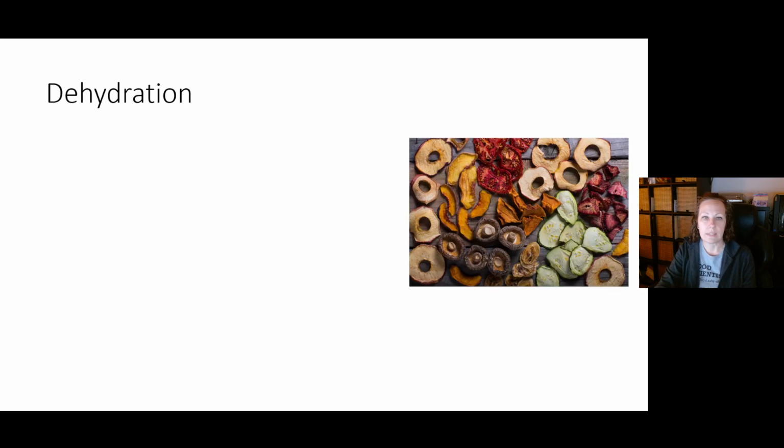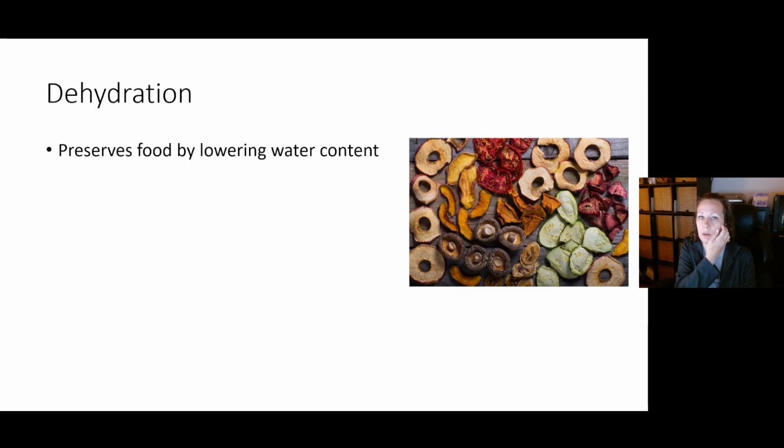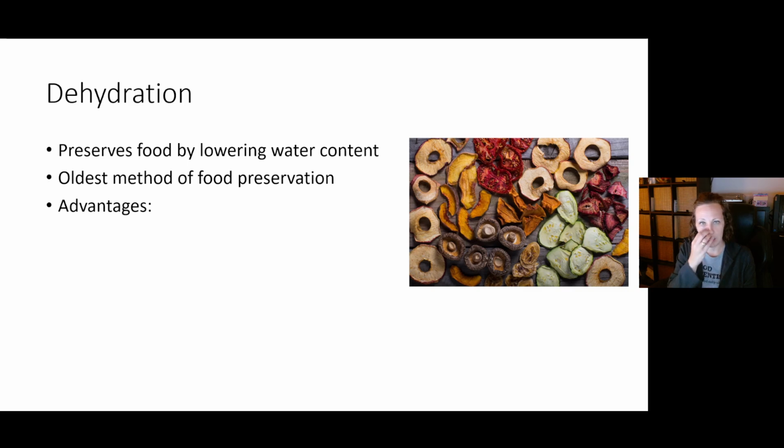So what is dehydration? We are actually physically lowering the water content and preserving the food with that. It is the oldest method of food preservation. Dehydration has been around for centuries to preserve food. And its advantages are that it obviously protects food from spoilage.